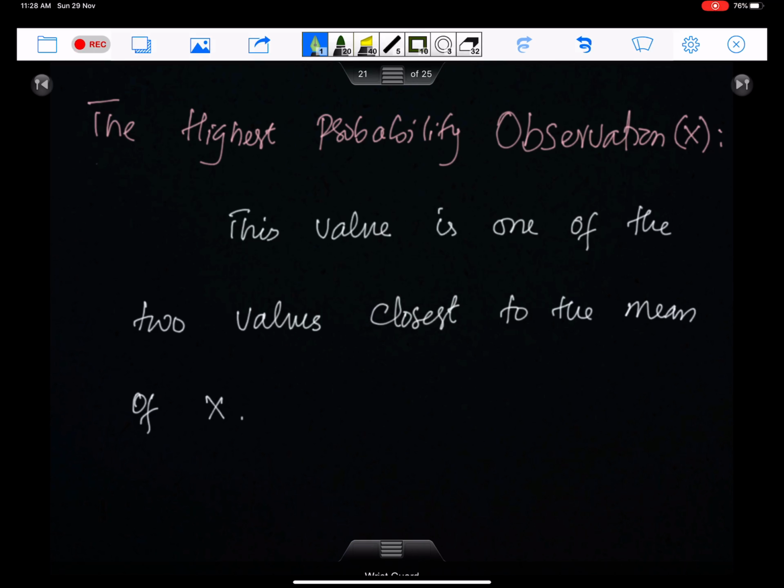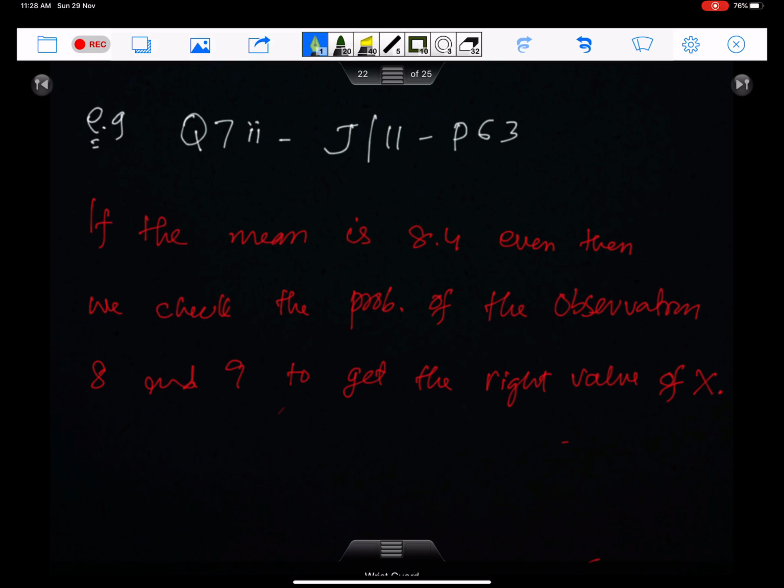Now the next concept is the highest probability observation. This value is one of the two values closest to the mean of x. Now this is the way to get the highest probability observation. We first find the mean and then we check the value of the mean. So if the mean is 8.4, let's suppose, even then we check the probability of the observations 8 and 9. We will not basically round off the number 8.4 to 8.